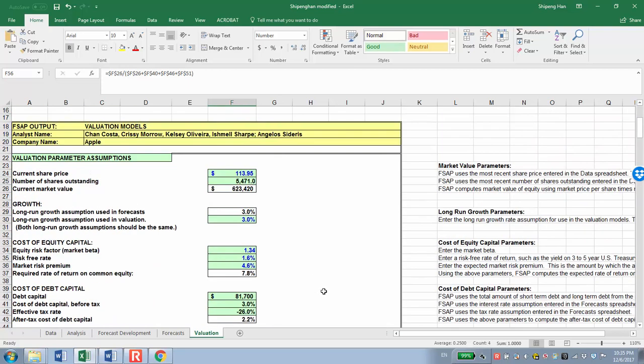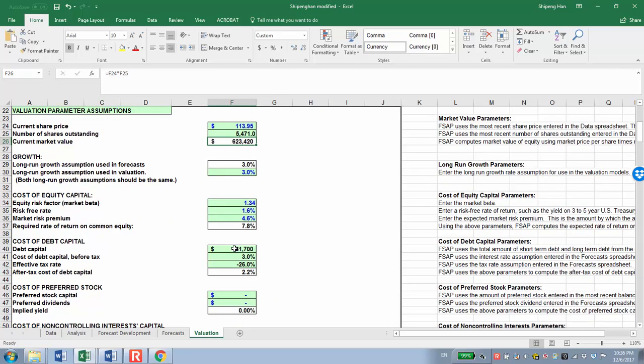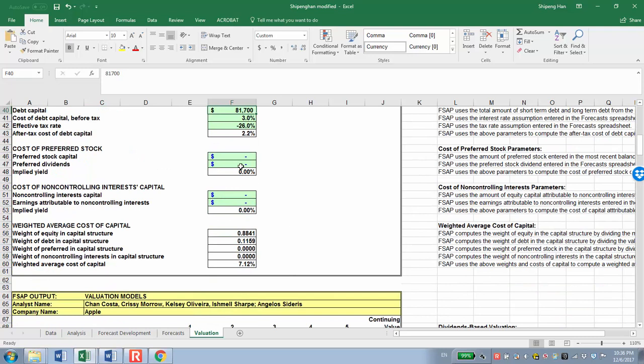So based on the fair value of equity, fair value of debt, and 0 for both preferred stock and non-controlling interest, the weight of common equity is 88%. The debt is 11%.